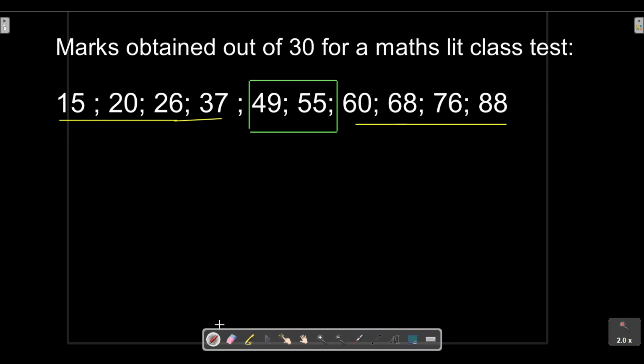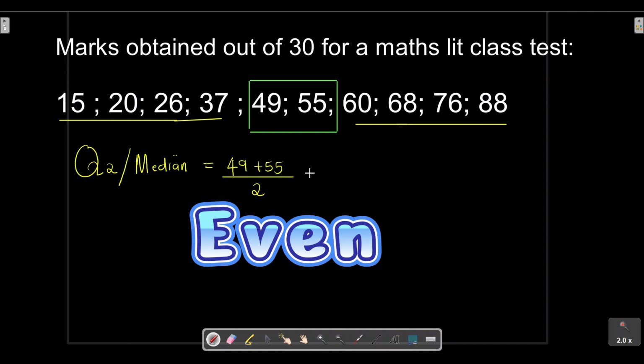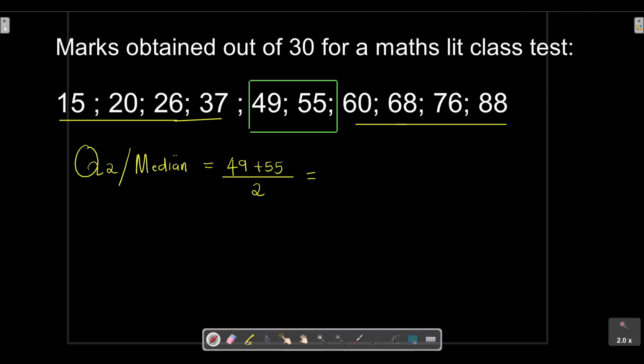Now, to determine our Q2, or our median, because we've got two values, all that we're going to do is take that 49 plus that 55, and divide it by 2, because I did mention that if we have an even data set, that means that our median value is going to be a value that is in between two values.